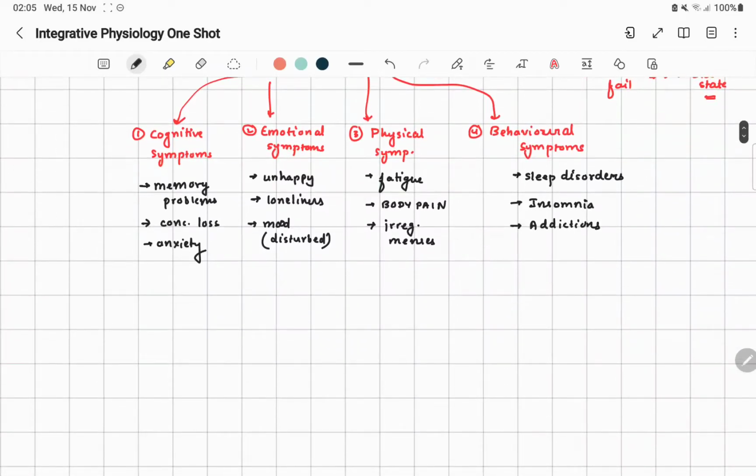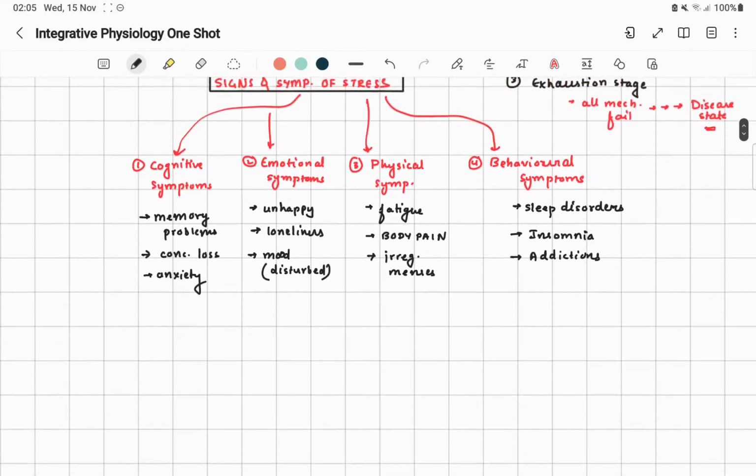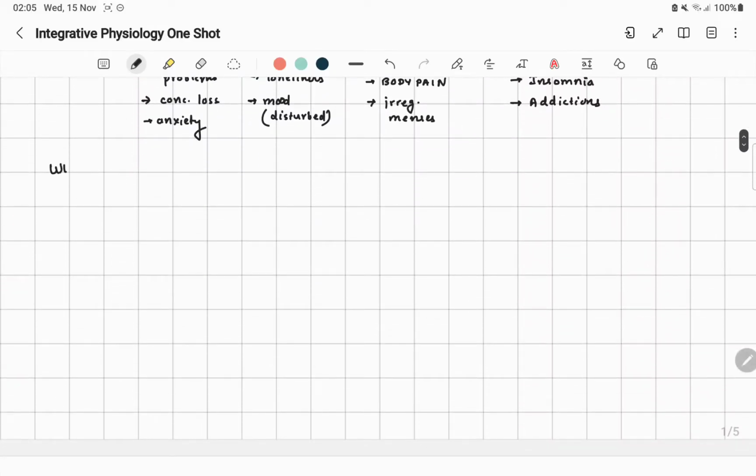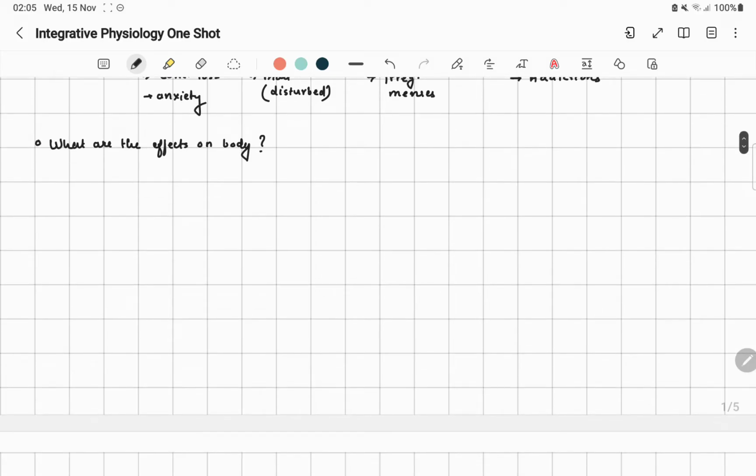So what are the effects of stress on the body? Those were the signs and symptoms of stress. Let's talk about the effects on the endocrine system. The stress will induce an acute response and it will disturb the HPA axis.